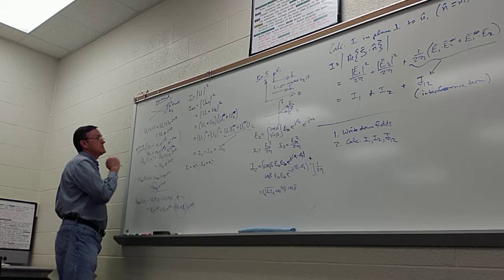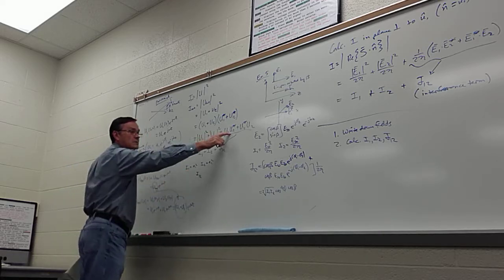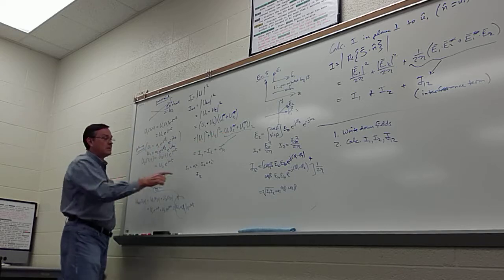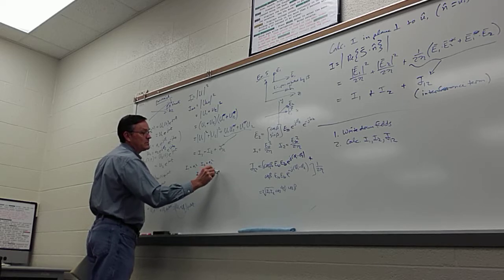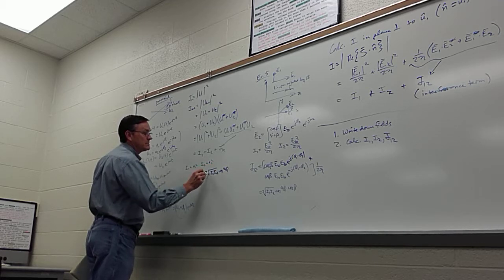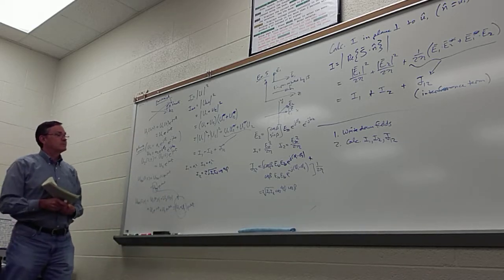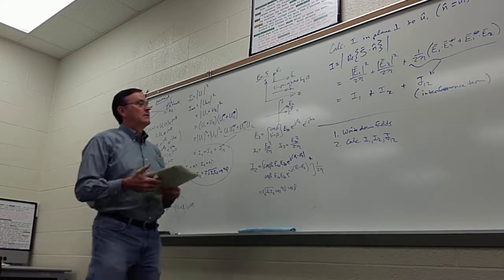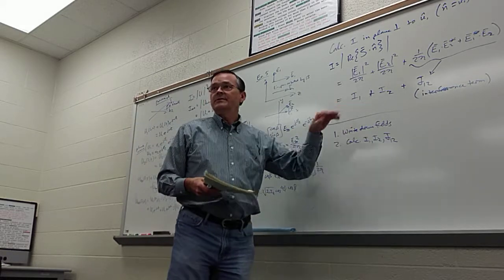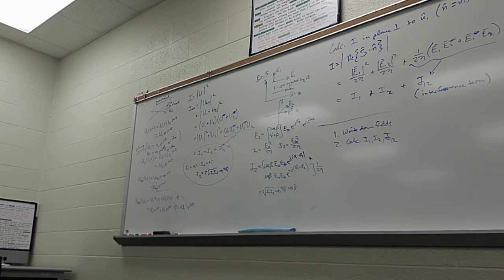And then J12, if I work this out and plug in for these, what I find is it's 2 times the square root of I1 I2 times cosine of delta, the phase difference. So in other words, this is the same as that for collinear propagation. So with the scalar model, I get the same thing as the electromagnetic model.